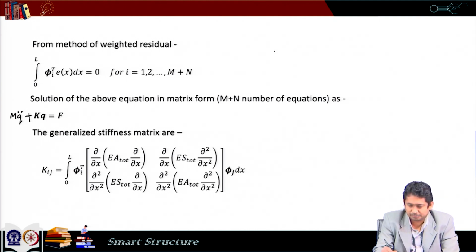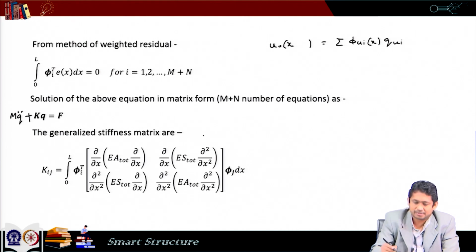Now, previously we assumed our phi as, so we had u 0 as a function of x, and our assumption was this is phi u I as a function of x multiplied by q u I. Now, here our u is a function of both x and time.